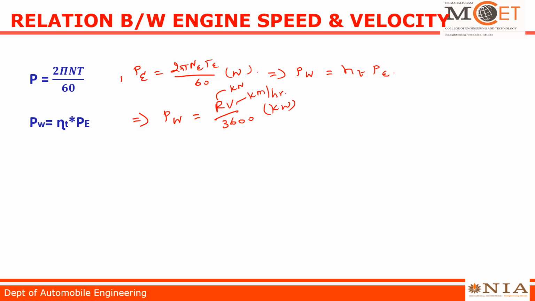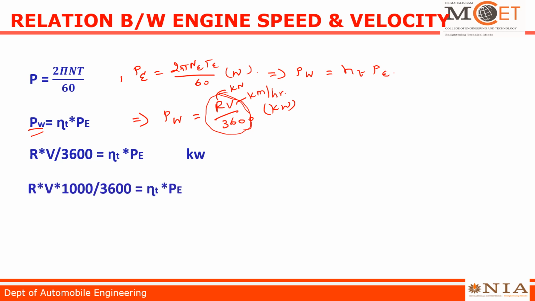If we apply this RV by 3600 in the position of PW, we get RV by 3600 equals eta T into engine power PE, which is in kilowatts. If we want to calculate it in watts, we just multiply by 1000. So RV into 1000 divided by 3600 equals eta T into PE in watts.